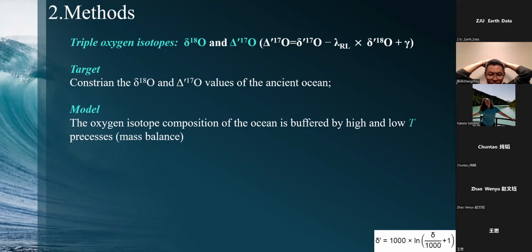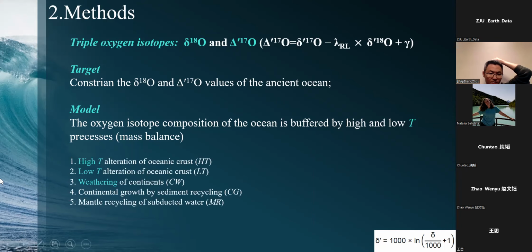So they use a mass balance model. The concept of this model is that the oxygen isotope composition of the ocean is buffered by high and low temperature processes. More specifically, this geologic process includes, please move, the high and low temperature alteration of oceanic crust, and also weathering of continents and continental growth by sedimentary recycling and mantle recycling of subducted water.